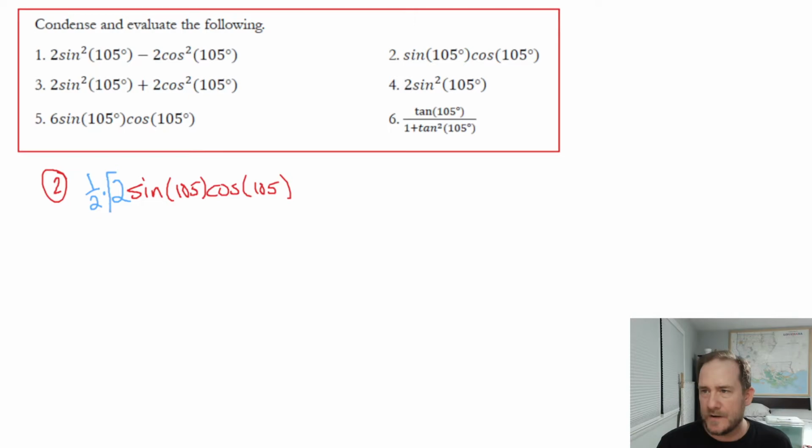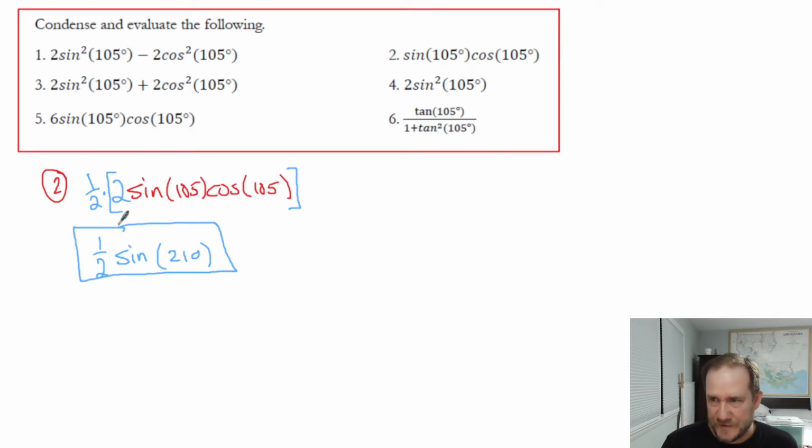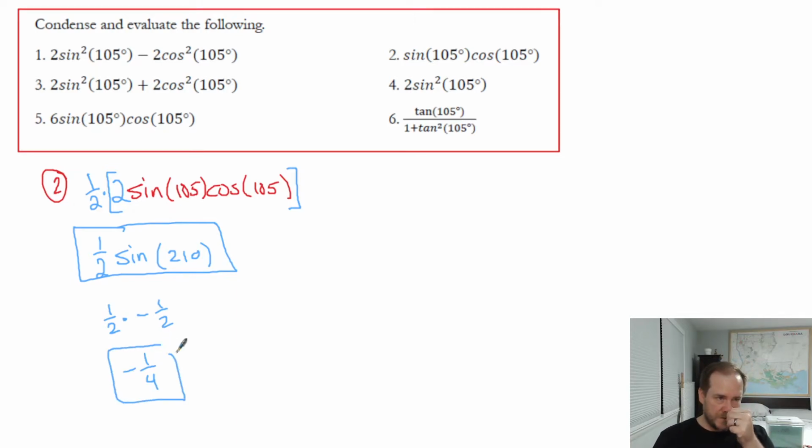And so now we've got the double angle identity for sine. It's just going to have this coefficient of 1/2 on it. And then we evaluate. So there's the expression I would be looking for. Then to evaluate it, you go 1/2 times sine 210, which is negative 1/2. So negative 1/4. I think that's it for 2.